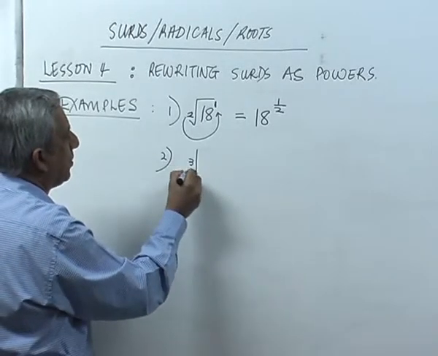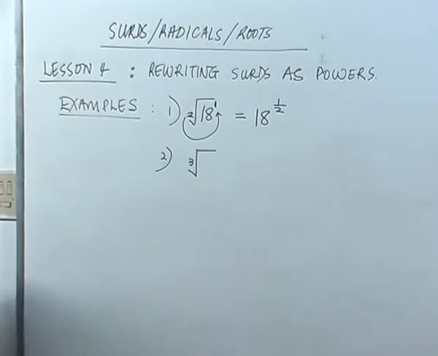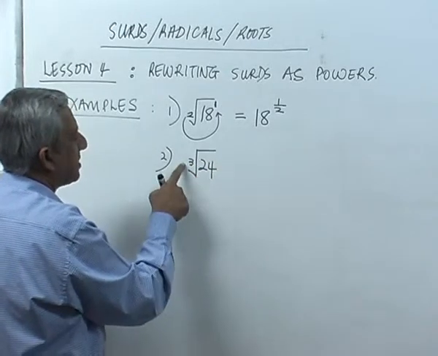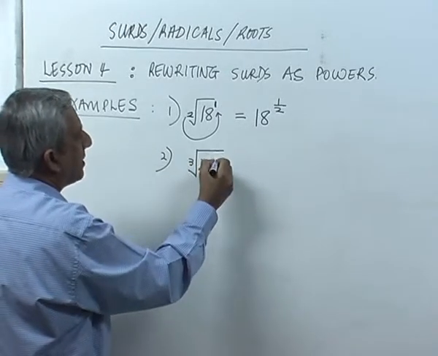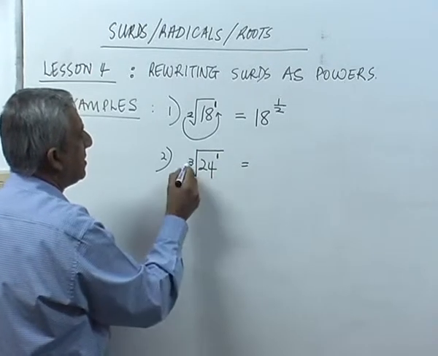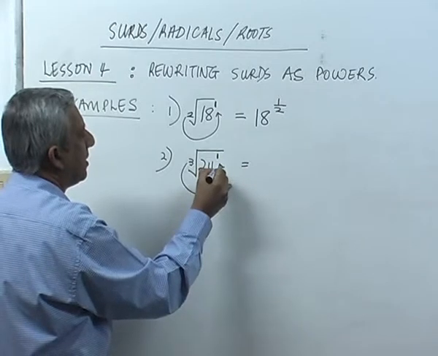Suppose we had cube root of, for example, 24. Say cube root of 24. Now the 3 is there. But we must remember that the 1 is understood and we can write it. Now once again, this 3 will become the denominator.